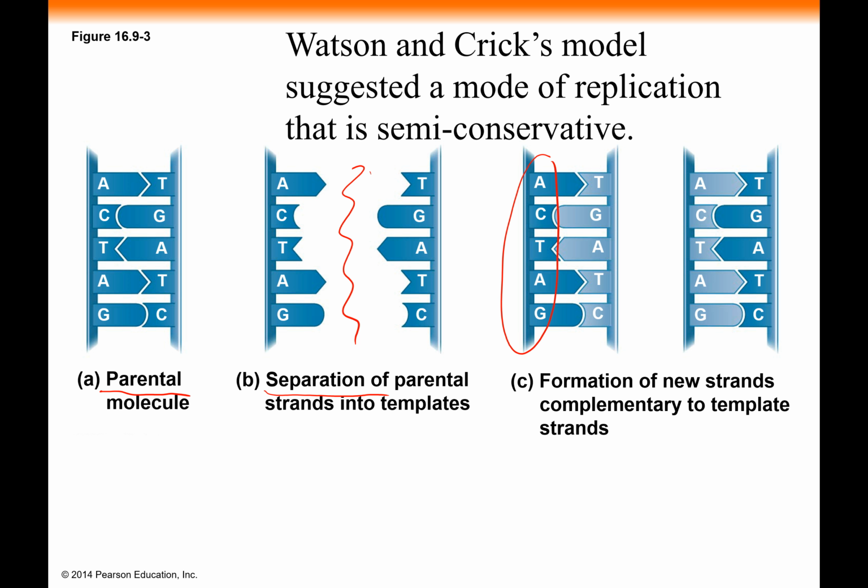So an enzyme can come in, if it sees an A, it puts a T across from it. If it sees a C, it puts a G across from it. And so you'll notice it's semi-conservative because it's still conserving that old parental DNA. And remember, this happens in the S phase of interphase. And DNA copies very, very accurately.